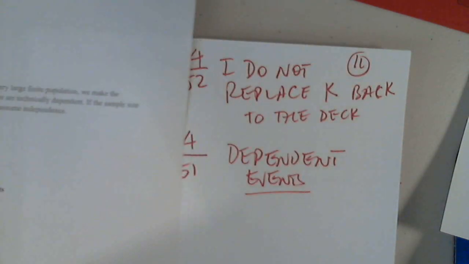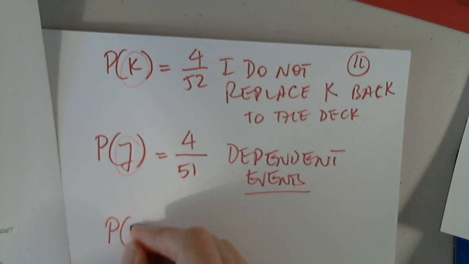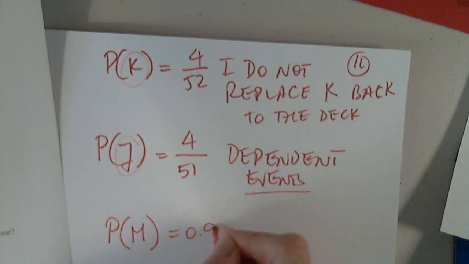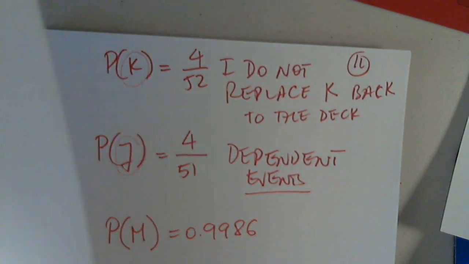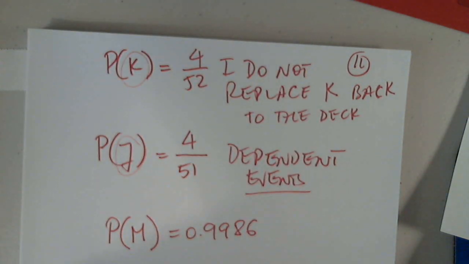We have the probability that a randomly selected male survived this year is 0.9986. So the probability is given to us. If we select one, according to the national study, what is the probability that 3 randomly selected males will survive this year?